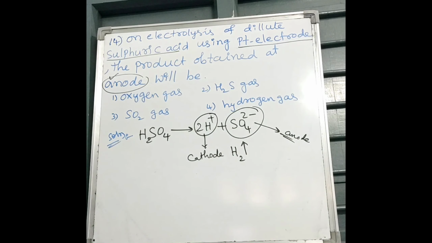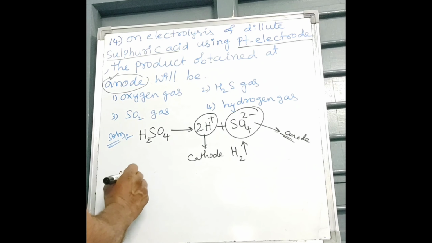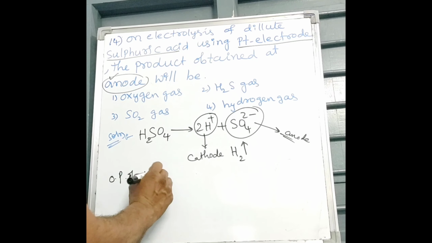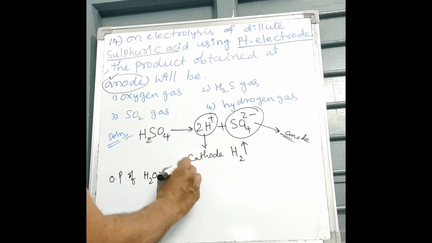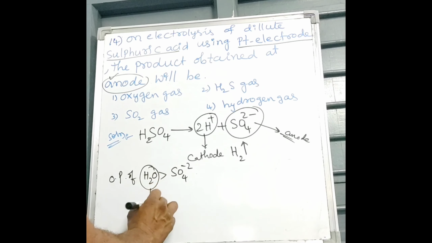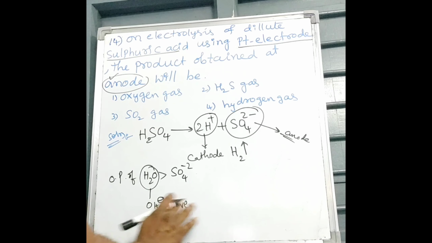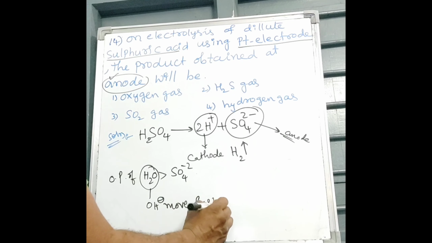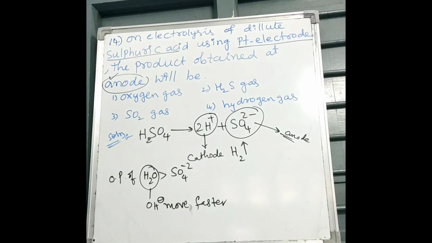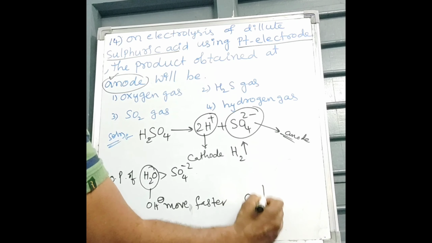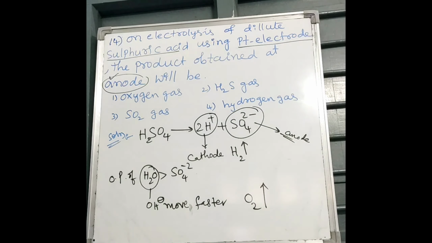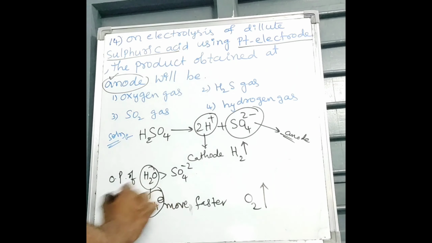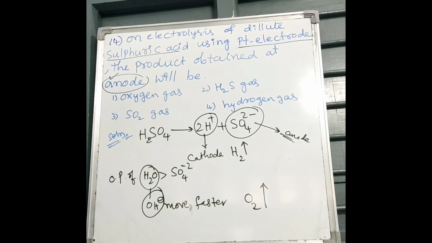But what happens here? The oxidation potential of water is more than that of sulfate ion. So from water, OH minus ions move faster than sulfate ion towards the anode, and O2 gas is liberated at the anode.